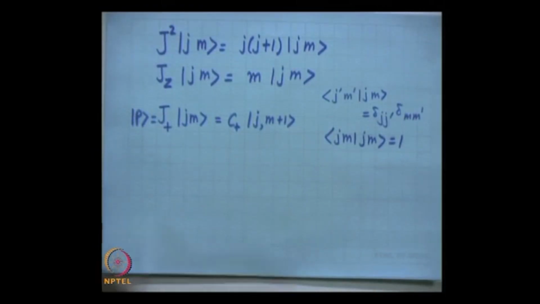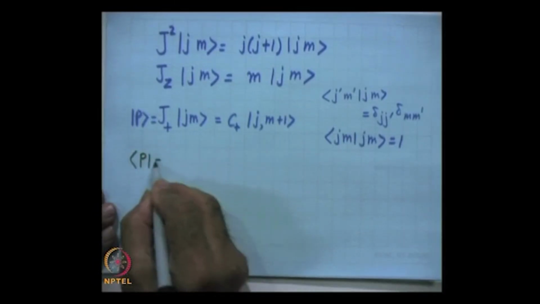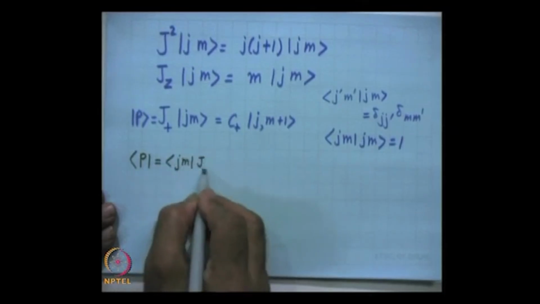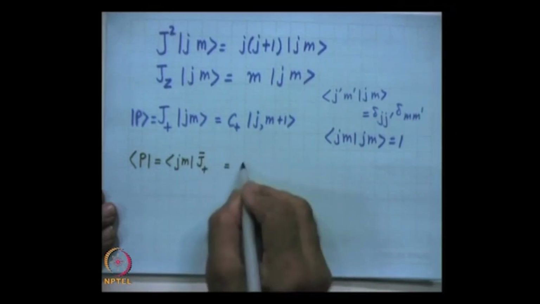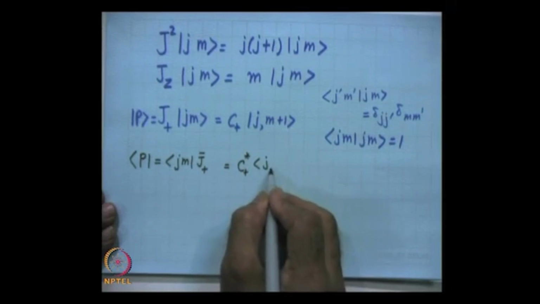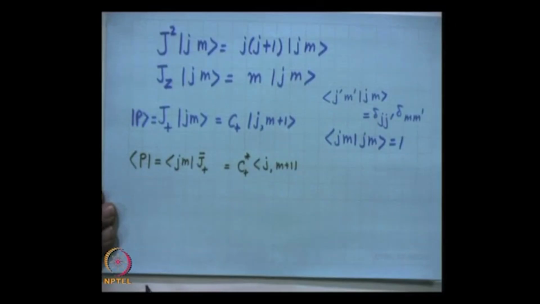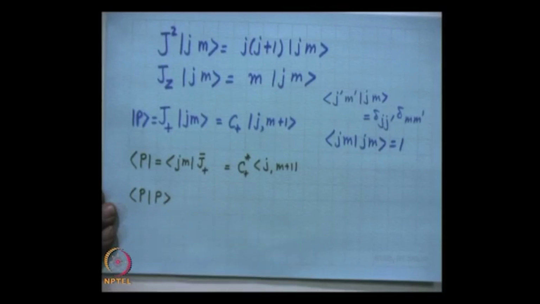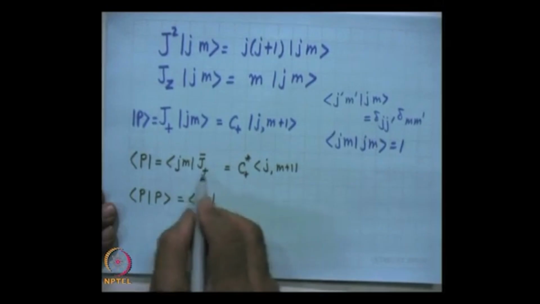Then bra p is equal to bra jm J plus bar. This is just a number, so C plus star bra j, m plus 1. So, I now write bra p ket p, this is equal to bra jm, J plus bar.